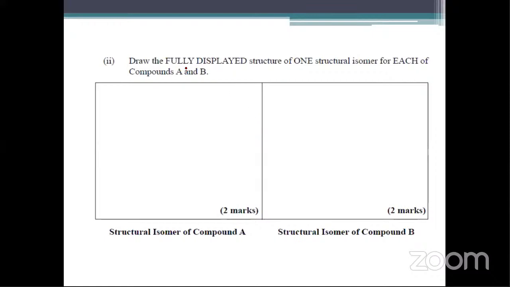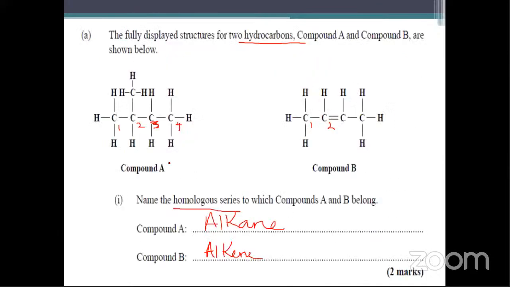All right, so it says to draw the fully displayed structure of one structural isomer for each compound A and B. So you're going to draw an isomer for compound A. So this is A. What would an isomer for compound A look like? Now listen. If you take this methyl group and you put it on this carbon here, right?